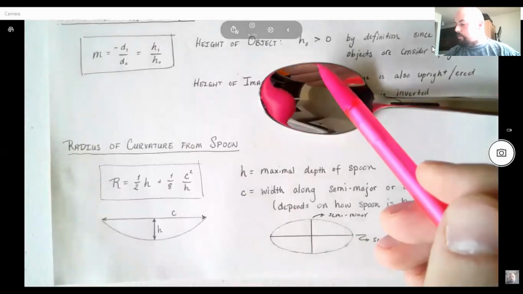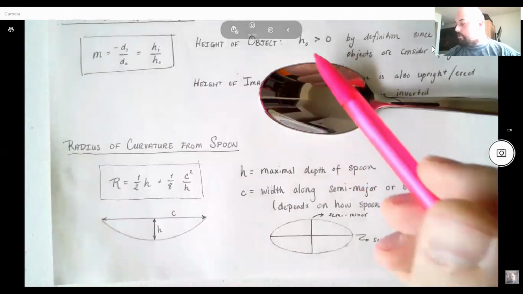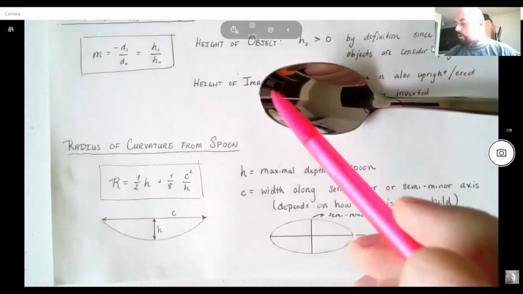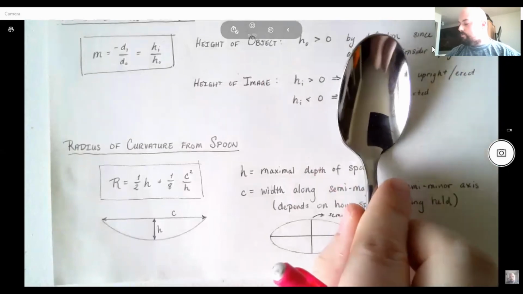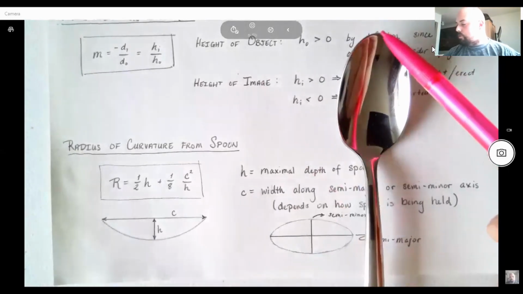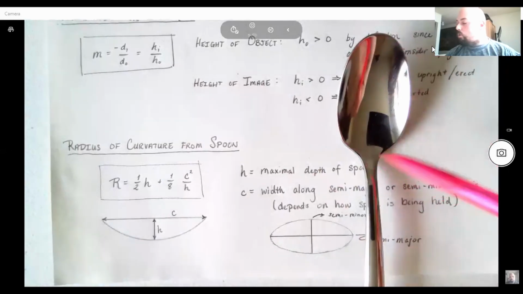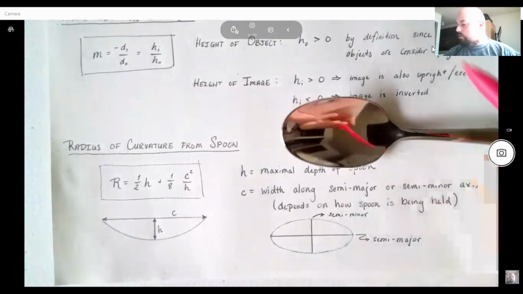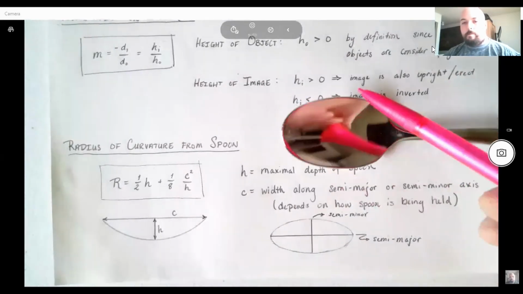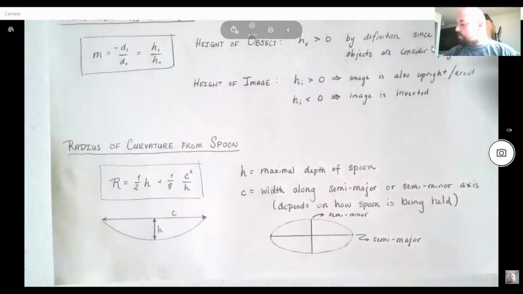So it depends on how you want to view the mirror itself. If you want to hold the mirror like this, you would then use the semi-major axis as your chord. If you're going to hold the spoon like this, you would then want to use the semi-minor axis of the spoon in order to find that radius of curvature.